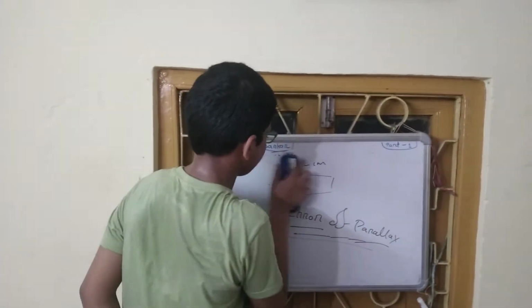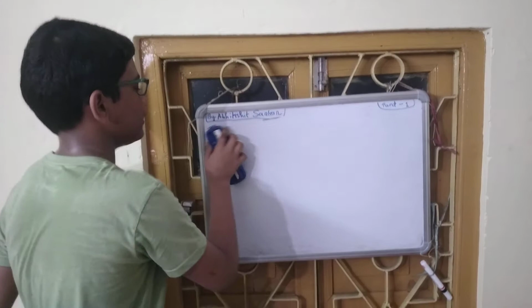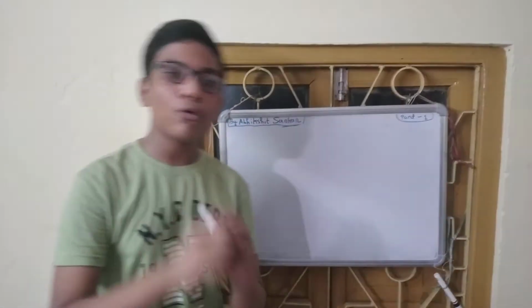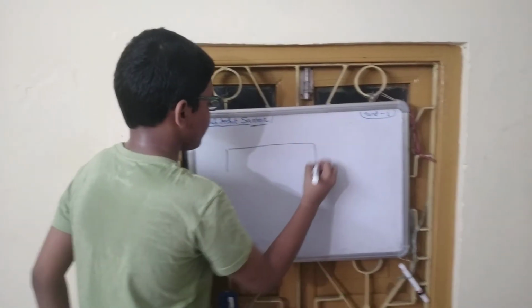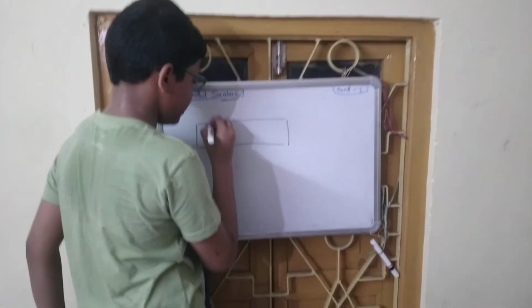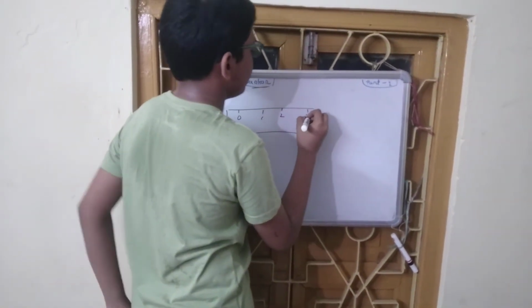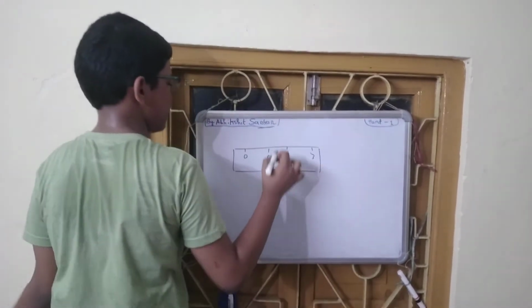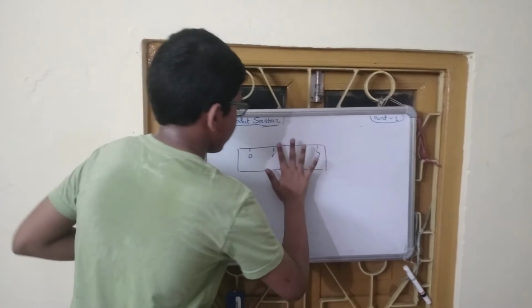Now how can we measure the length of an object with a broken ruler? Suppose we have a ruler, and this is 5 centimeter, and 3 centimeter is the length. From here, the 0 and 1 are broken, meaning the 0 and 1 are not there.